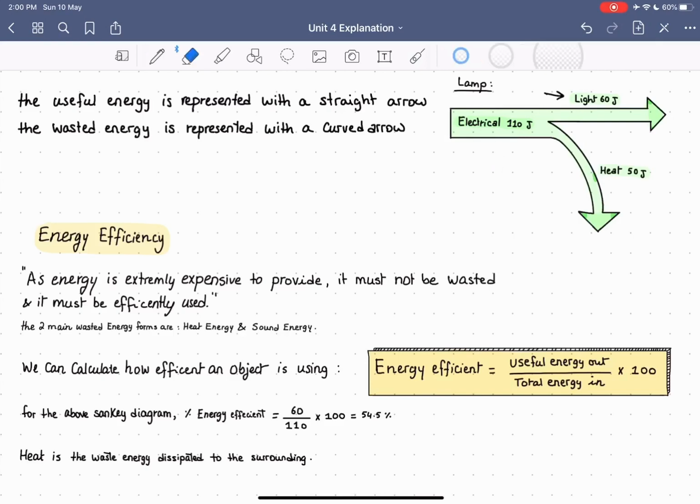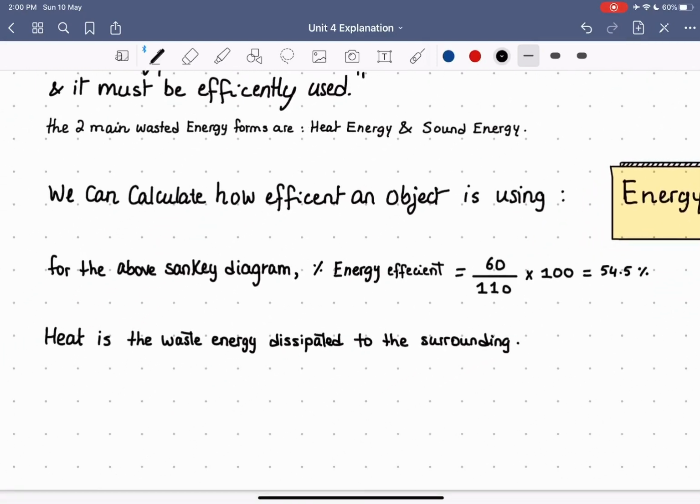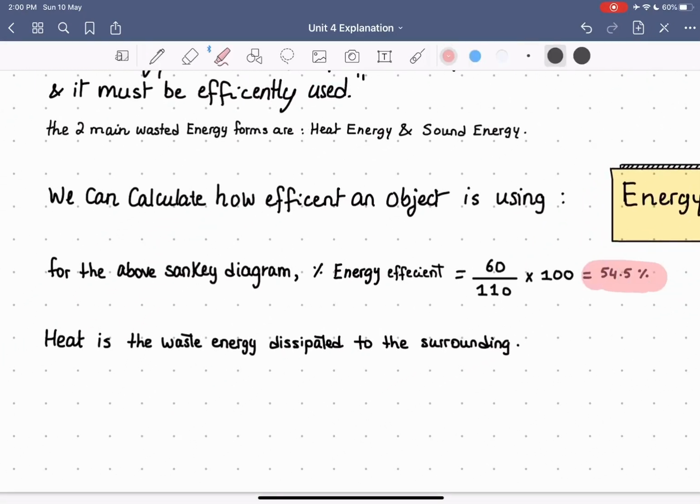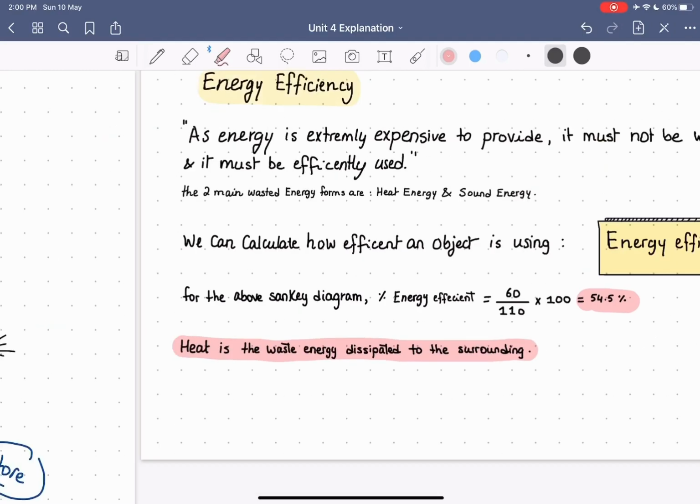We will get 54.5%. This is the efficiency of the bulb that we have. So the bulb isn't very efficient, and heat is the waste energy dissipated to the surroundings.